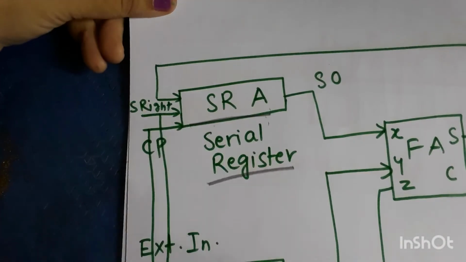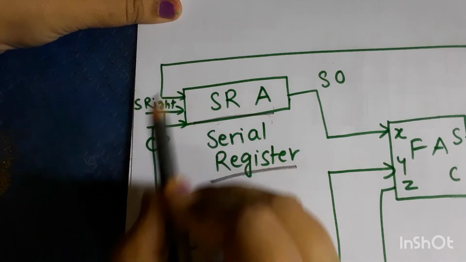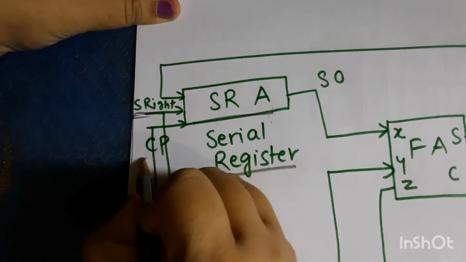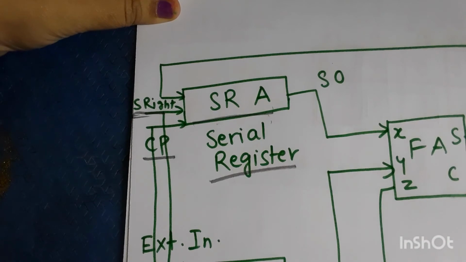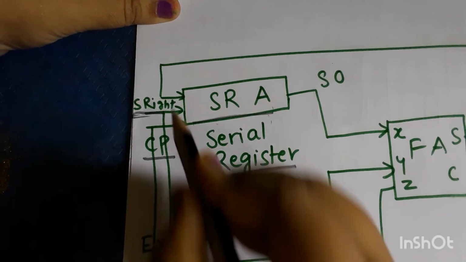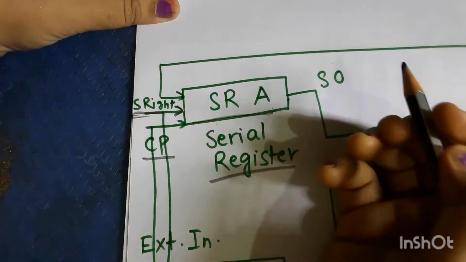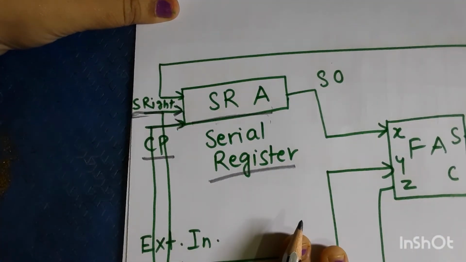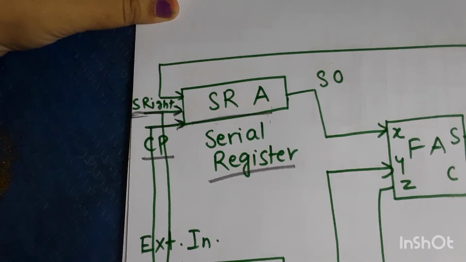There are 3 inputs to register A. Shift right is there, and CP is the clock input. The shift right input is given to the register to shift it, and the clock input is also given because the shifting should happen along with the clock pulse.